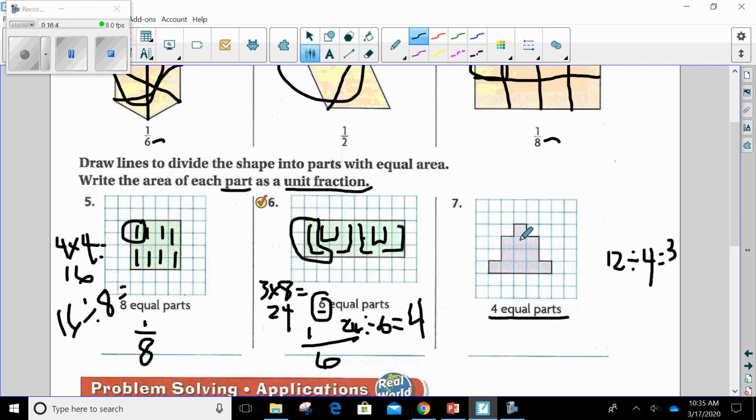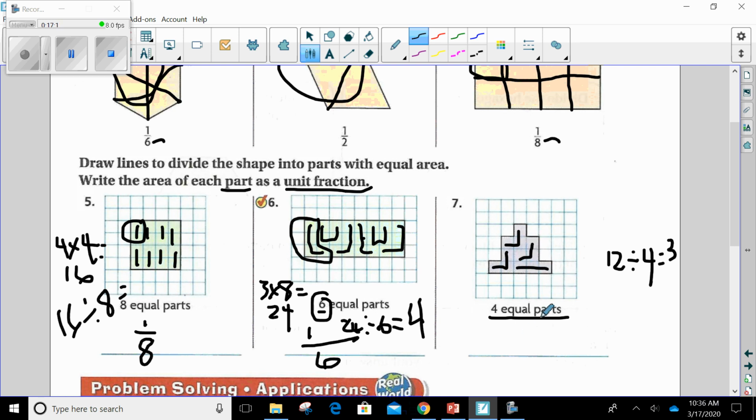So what we're going to do, we're going to divide this. So 1, 2, 3. Okay, that's one of the parts. 1, 2, 3. That's another of the parts. 1, 2, 3. That's another part. 1, 2, 3. That's another part.